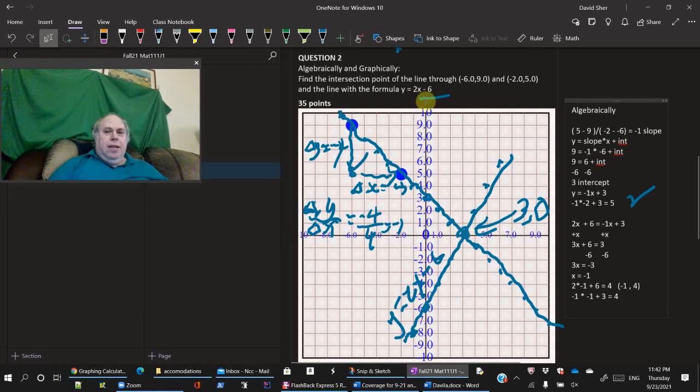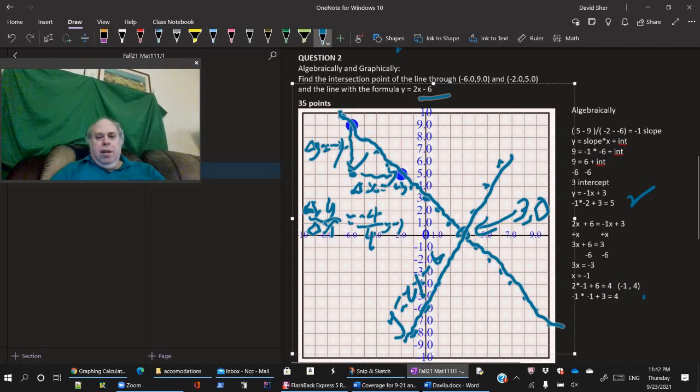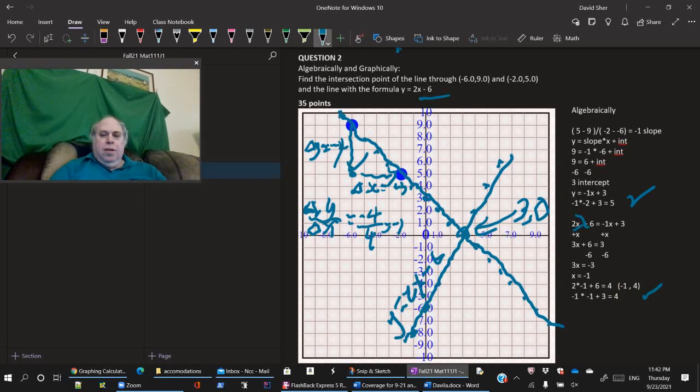And the answer is I copied the formula wrong. I solved a perfectly good problem, but not the problem in the exercise. So I know I got two different answers. This checks, but it is wrong because I put the wrong thing there.